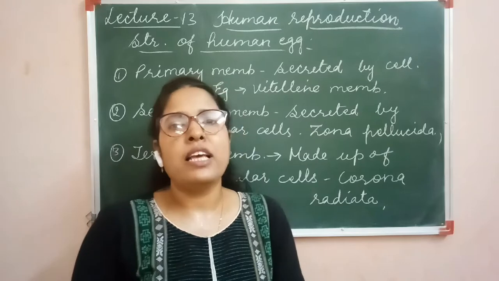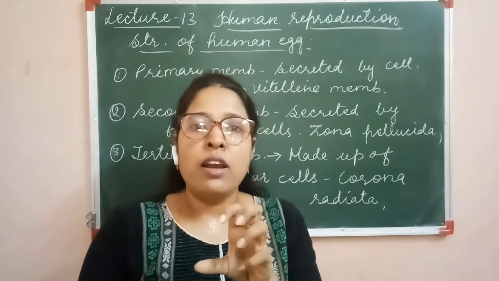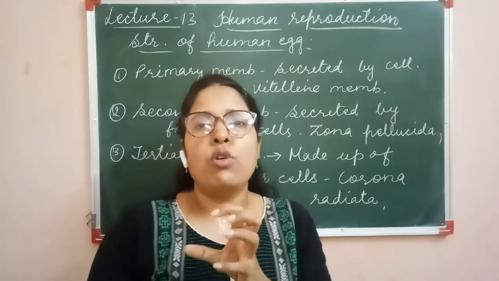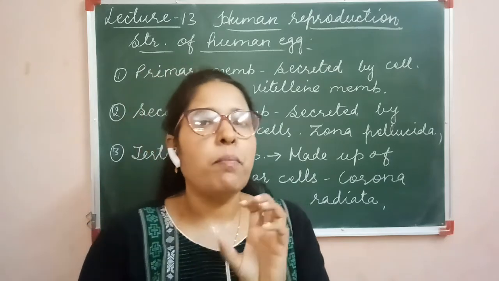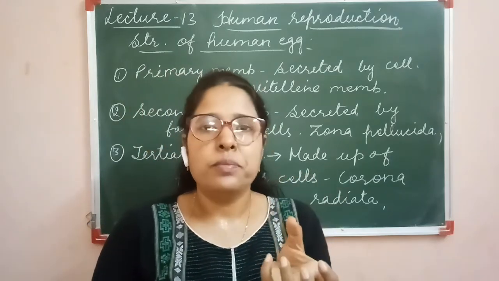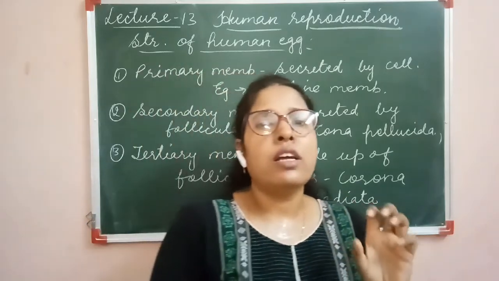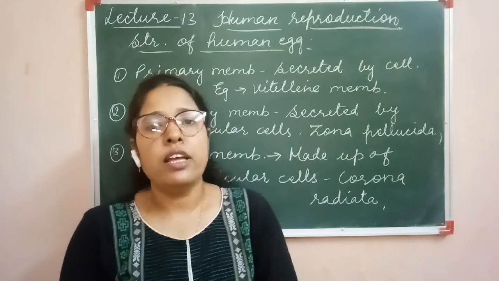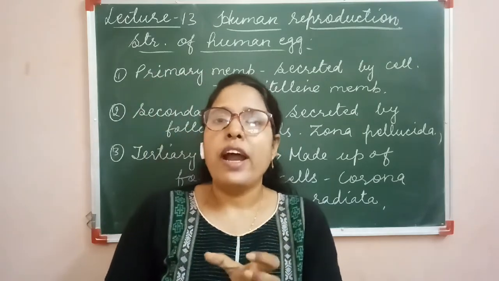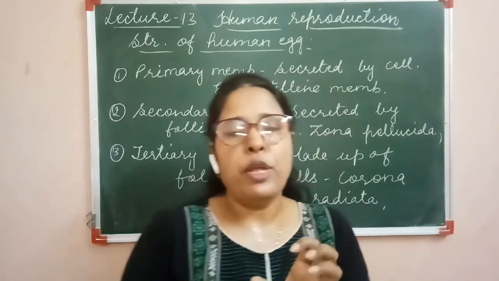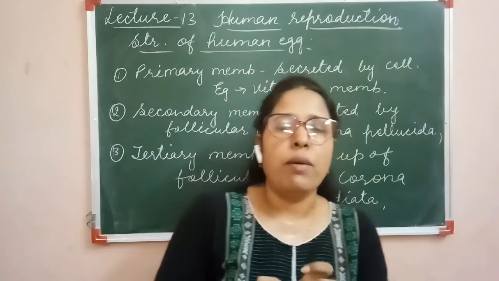For example, in birds, the egg contains a large amount of yolk, because all the embryonal development gets completed inside the egg. After laying, the egg is not in contact with the female body, so all the nutritive substances required for the development of the complete embryo are present in that yolk, and it is sufficient for the complete embryonal development.